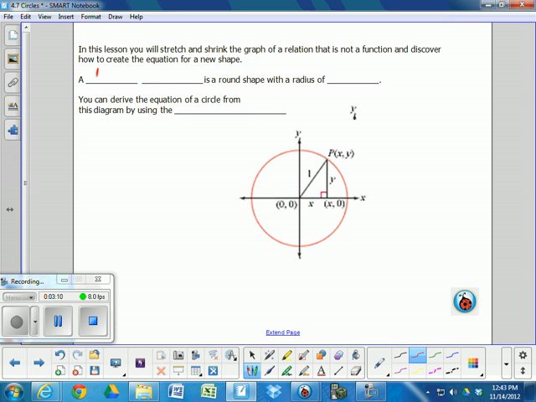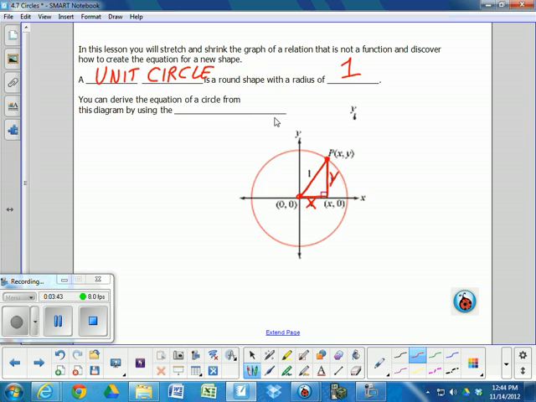A unit circle is a round shape known as a circle with a radius of 1. Okay, so the radius from here to here is 1. We can get the equation of that red circle by creating this right triangle on the inside and calling the horizontal distance x, the vertical distance y, and the diagonal distance, which is known as the hypotenuse.